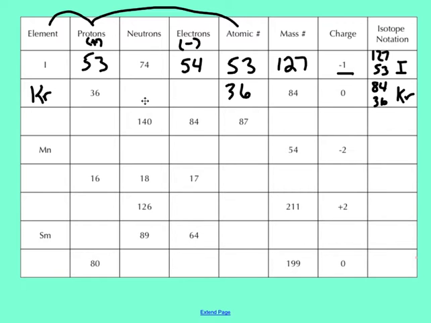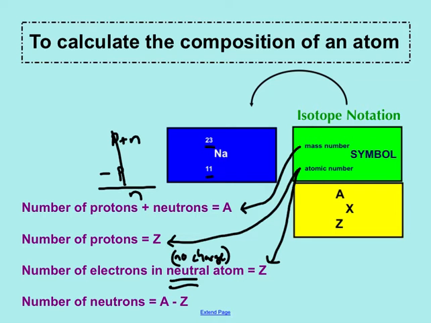Do you guys remember from the previous slide how to find the number of neutrons? Yeah, exactly. So if I'll go back real quick. So if I'm looking at this, once again, to find the number of neutrons, it's down here on the bottom. I'm going to take my mass number and subtract off my atomic number. Okay.